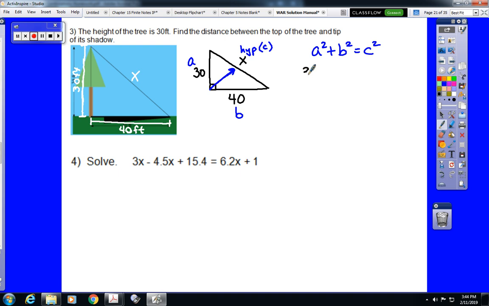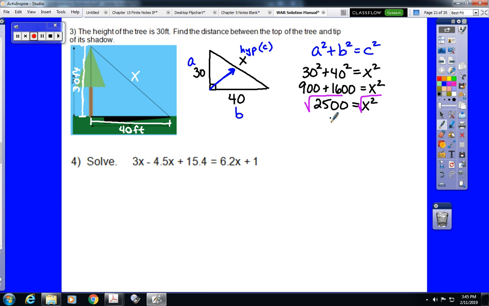This means we are doing 30 squared plus 40 squared equals x squared, and we're solving for x. So 30 squared is 900, 40 squared is 1,600. Add those together, that's 2,500 equals x squared, and then to get rid of the squared, we take the square root.